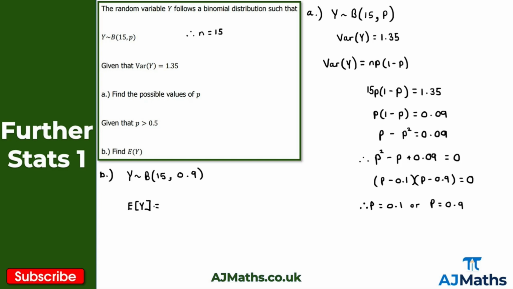We already know, nice and straightforward, this is simply the parameter n times the parameter p. It's going to simply be np, and like we said, it will simply be 15 times 0.9, that would give me 13.5 there. Okay, and there we have it, so that's the solution to B, that's the solution to A, and that gives the solution there to question 2.